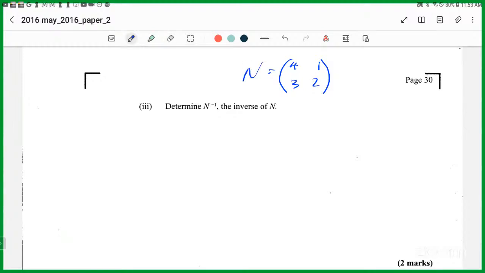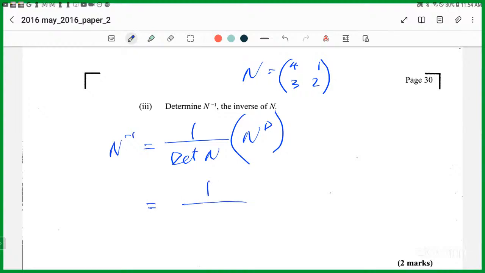The inverse of N is 1 over the determinant of N multiplied by the adjoint of N. So it becomes equal to 1 over, what's the determinant? This first diagonal product, 4 times 2 is 8, minus this second diagonal product, which is 3 times 1, is 3. And we multiply that by the adjoint of N.